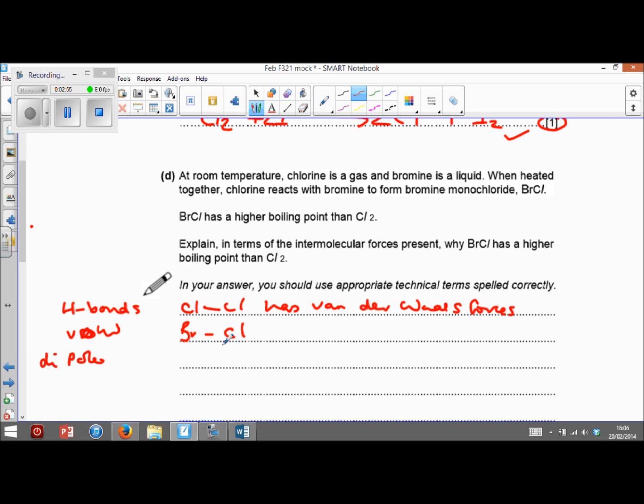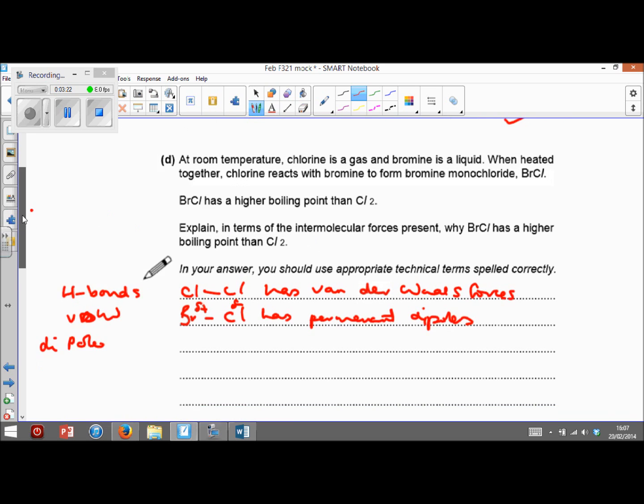It's higher up in the periodic table, so Cl is going to hold these electrons more closely, so you're going to have delta minus, delta plus. You've got a permanent dipole across this bond, so permanent dipoles. I have to excuse the writing in this pen. Writing those two statements will get you 1 mark.